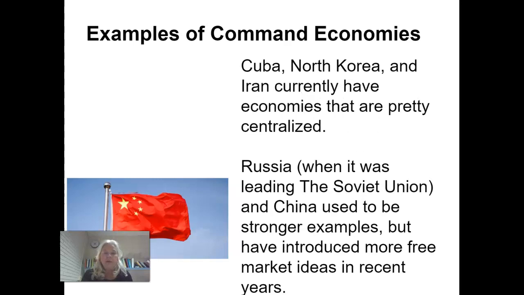Some examples of command economies: we have Cuba, North Korea, and Iran are currently the economies that are pretty centralized, pretty well government controlled. Russia, when it was leading the Soviet Union, had been pretty much a command economy, and its economy is changing in certain ways. China is still a command economy to a great extent.